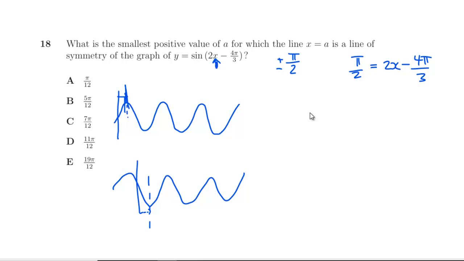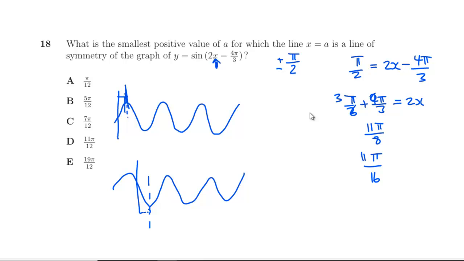Then we've got pi over 2 plus 4 pi over 3 is 2x. So put these over 6. So that would be 3, that would be 8. So we've got 11 pi over 6, and then we divide by 2, so 11 pi over 12.